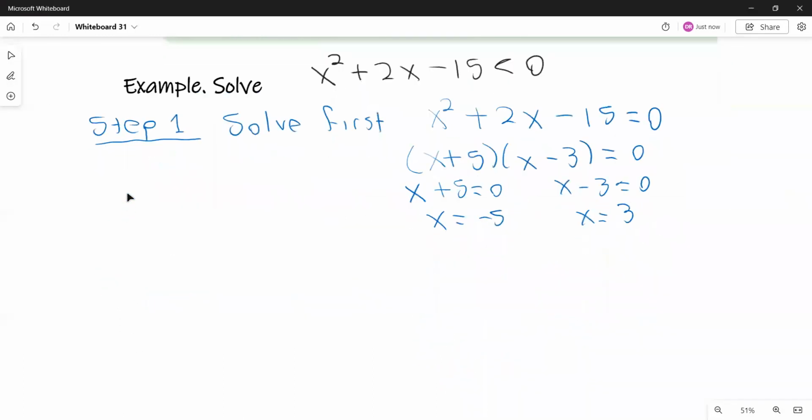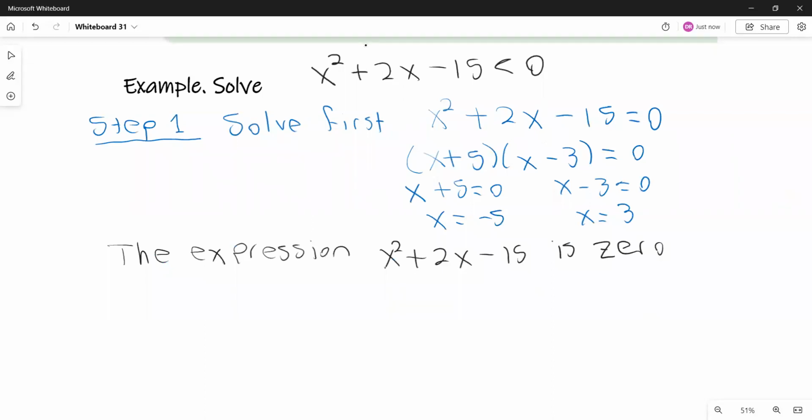Okay, so the expression x squared plus 2x minus 15 becomes 0 only at negative 5 and 3.